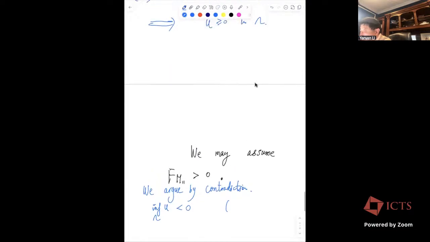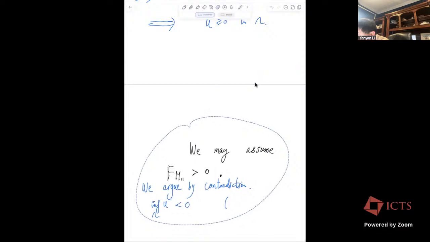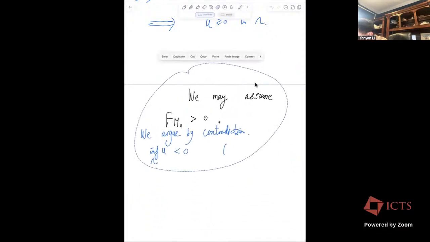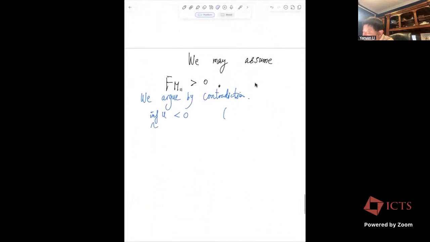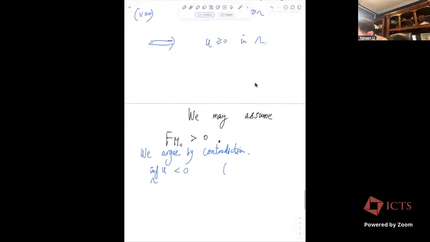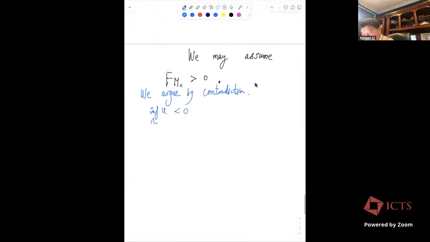Then we go like this. Suppose not, then the inf is less than 0. You want to get a contradiction. And this is omega.